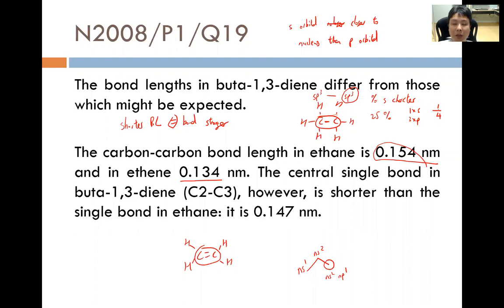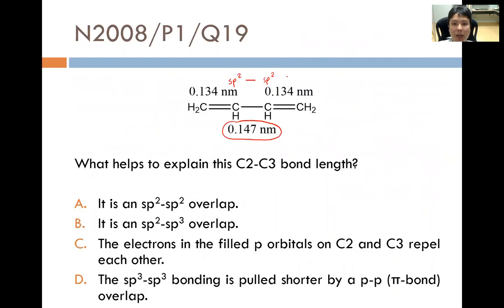So it's 25% s character. Whereas for the sp2 orbitals, it's 1 over 3, which is the percentage of s character used to form the sp2 orbital.